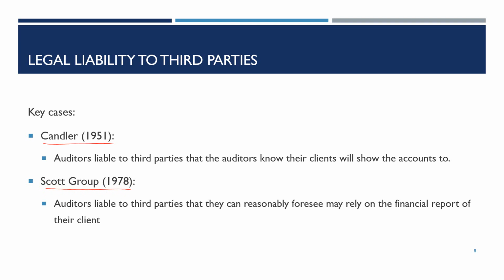Findings here were that the auditors were liable to third parties if they can reasonably foresee that the third party may rely on the financial report of their client. The important term here is reasonably foresee. And this case made it easier for third parties to establish that an auditor owes them a duty of care.